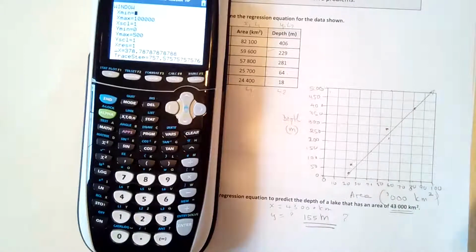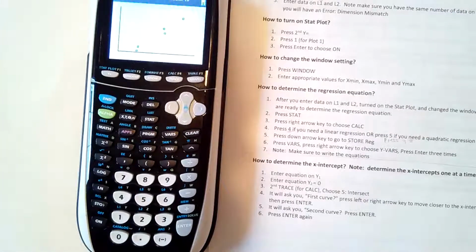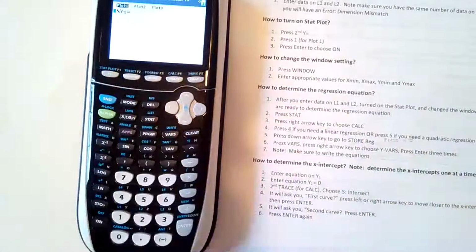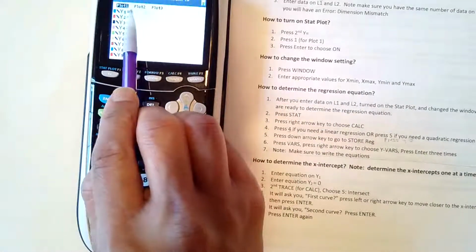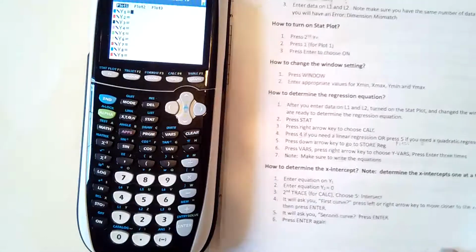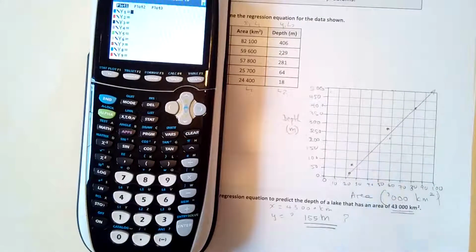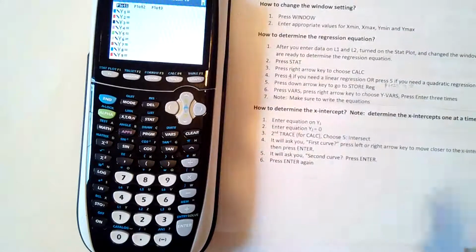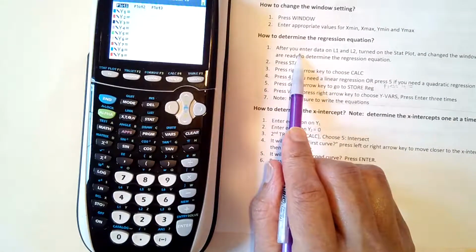Now we have our scatter plot, but we don't have our equation. If you press your y equals button, nothing is there. So to get our equation, we go on to the next step.